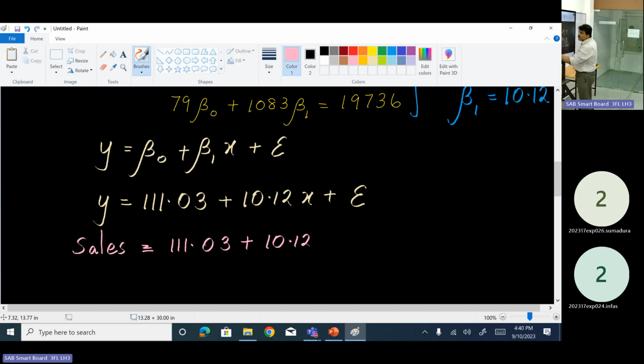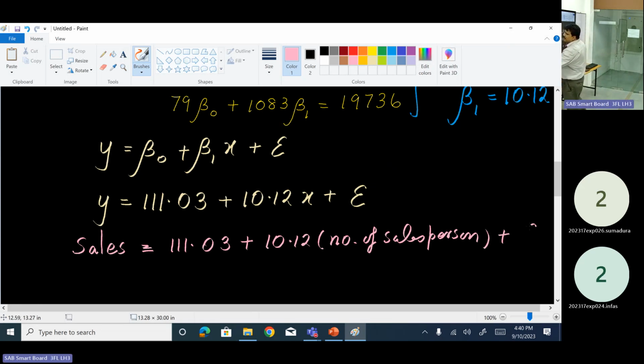X is the number of salespersons, plus the error term. So that shows the relationship between the two variables, how the sales and salespersons are related.